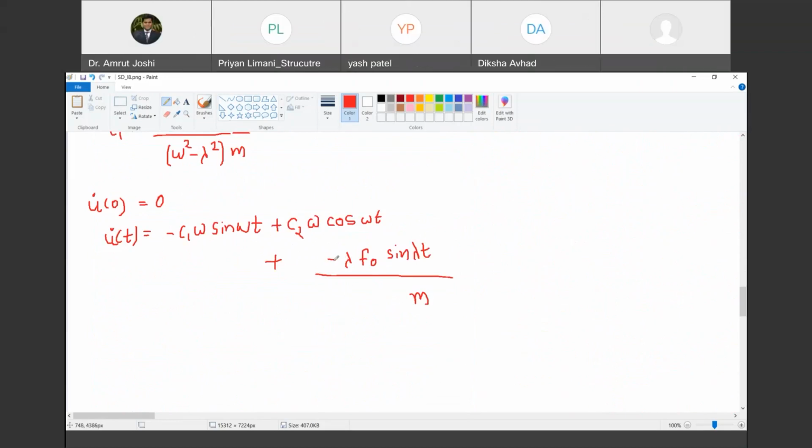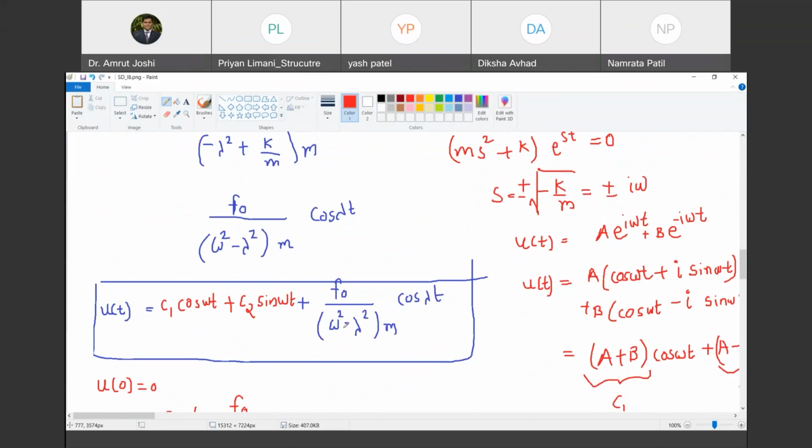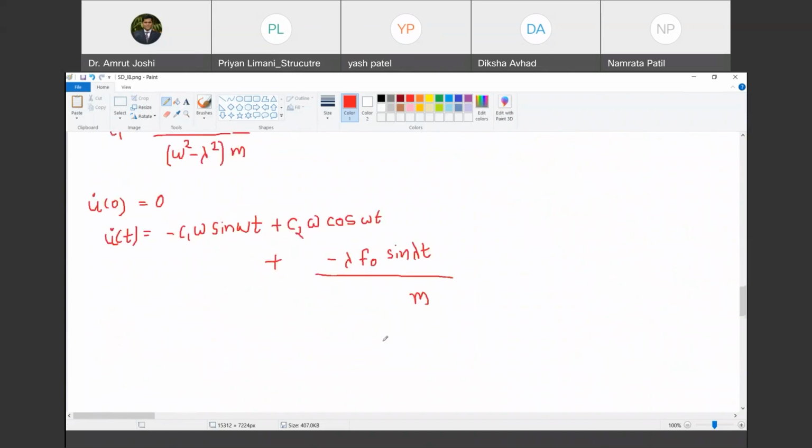Now I don't want to see this negative sign here. So if I have to make it positive, I have to make the denominator negative. So in the denominator I will write lambda square minus omega square instead of omega square minus lambda square. So I will simply write this as plus, but at the same time I will write this as lambda square minus omega square. Are you with me?